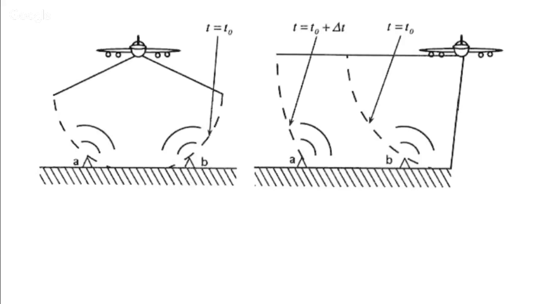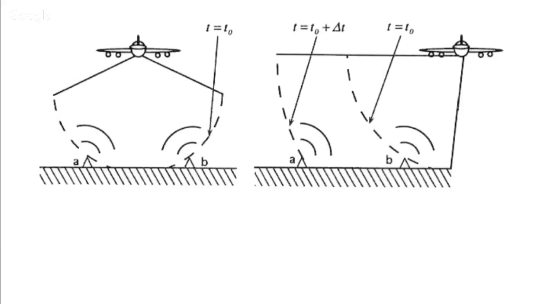The thing to note here is, since SAR imagery depends on radar radio waves, microwaves, what it is really sensitive to is phase differences between the transmitted and the received signal.